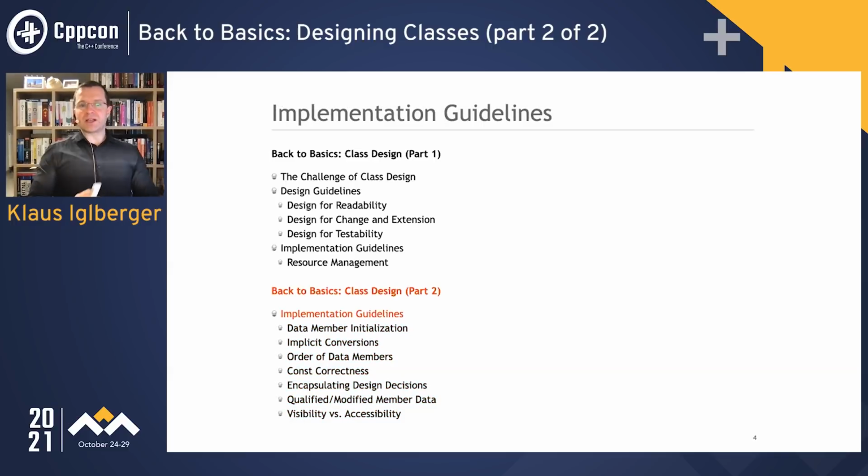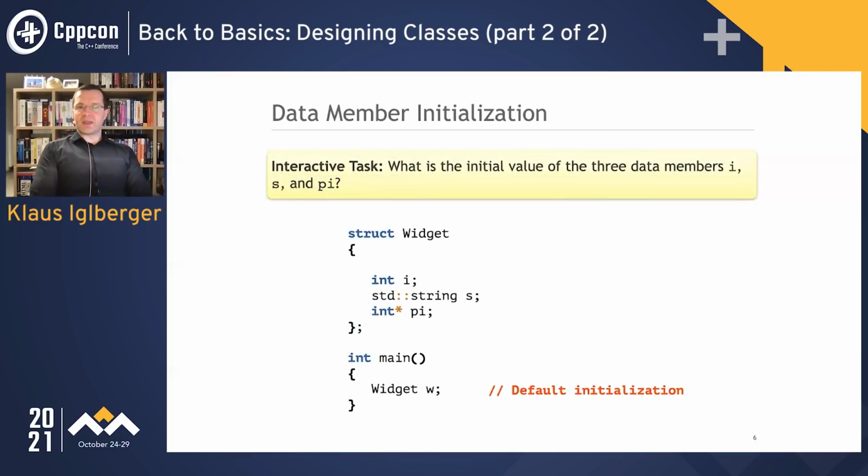The first thing I would like to talk about is data member initialization. I start with an example, pretty much a question. Again, I have a struct widget. Widget is just a name that is usually used to say there is a class, there's something. This widget has 3 data members: an int, a string, and a pointer to an int.